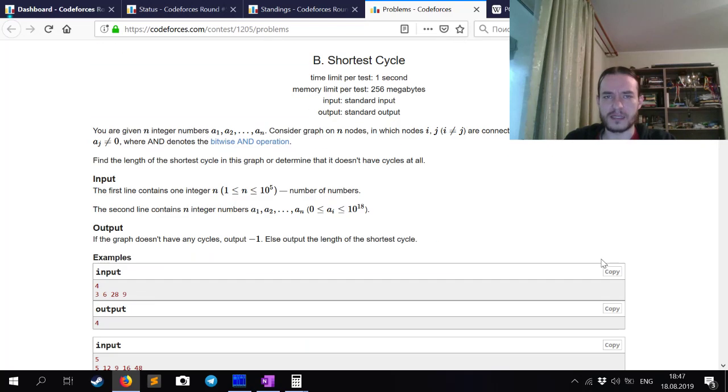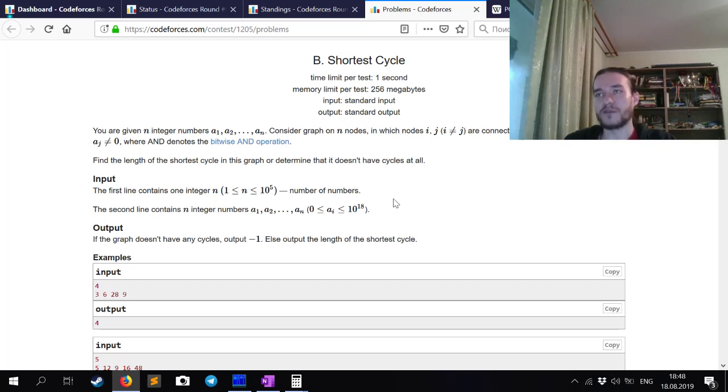I believe I've discussed that, right? Because either you have three numbers with a common bit, and then you have a triangle, or for each bit there is at most one number with this bit set, and so there's only one edge in our graph that corresponds to that bit, and so there are at most 60 edges.